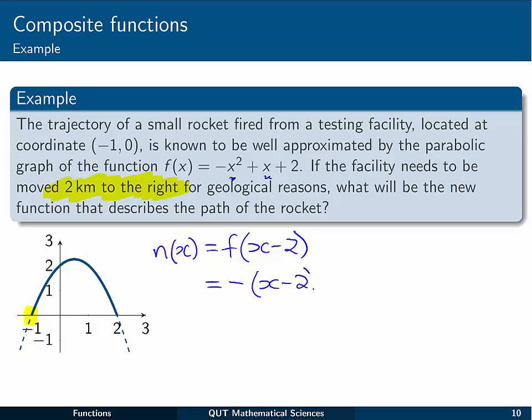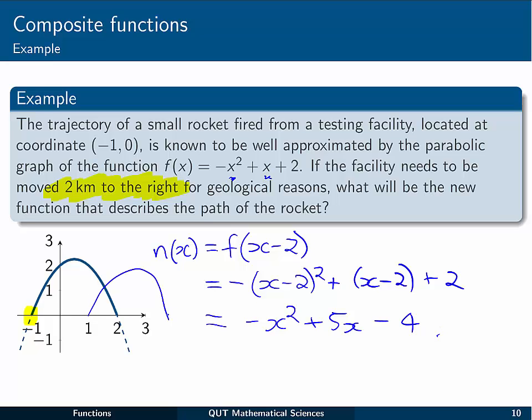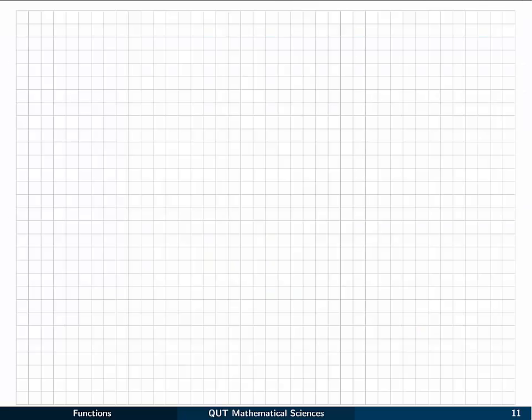So we'll have minus x minus 2 all squared plus x minus 2 plus 2 on the end. If you like, you can expand that one out, and you'll find that it's just minus x squared plus 5x minus 4. And that'll be the new function, which essentially looks something like this. Okay, so that's our trajectory of our rocket once it moves.